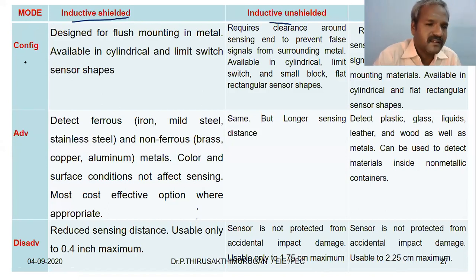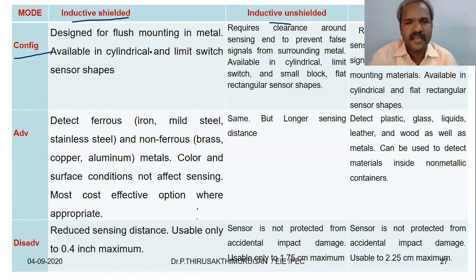According to the configuration, the shielded design is for flush mounting in metal, available in cylindrical and limit switch shapes, whereas unshielded requires clearance around the sensing head, because if the sensing head is not shielded, dust, moisture and many things fall on it and prevent good sensing. So it requires clearance to prevent false signals from surrounding metals. Available in cylindrical, limit switch, small block, flat and rectangular shapes.